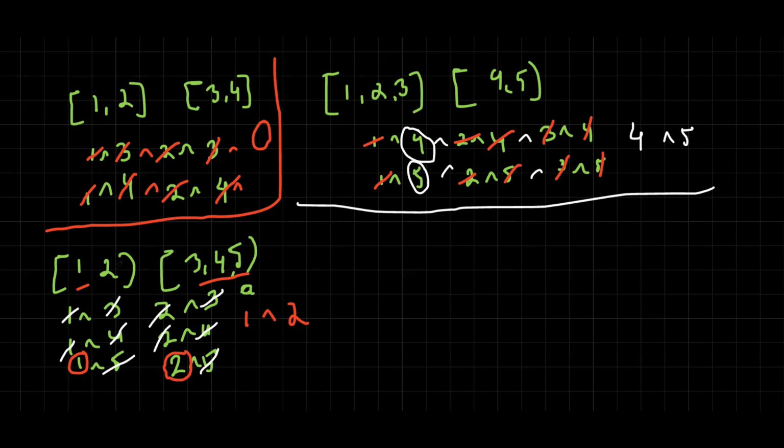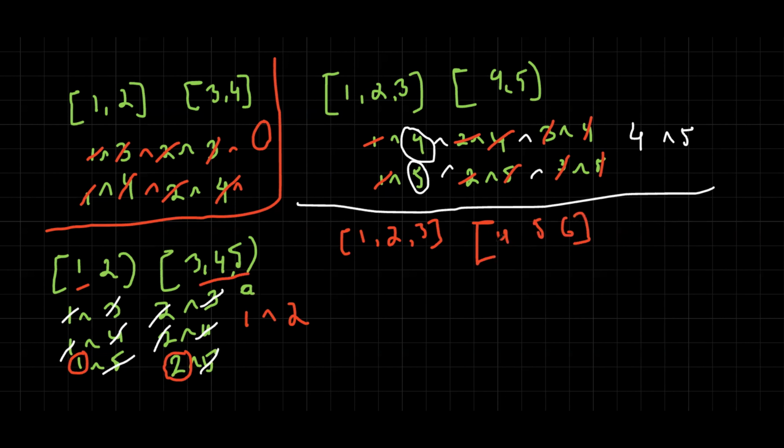This is another intuition. Now, it can be possible that both of the arrays contain an odd number of elements. Suppose one is 1, 2, and 3, and another is 4, 5, and 6. Okay.